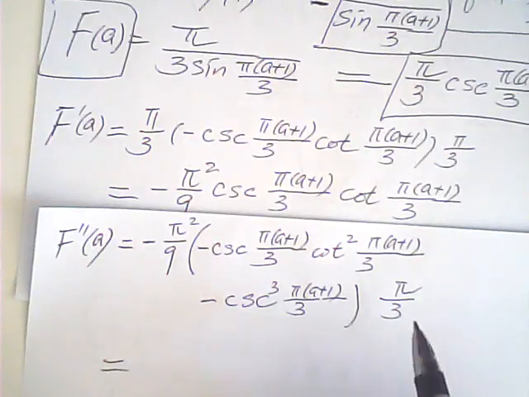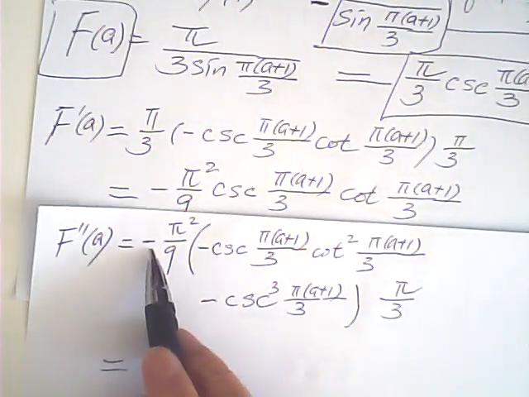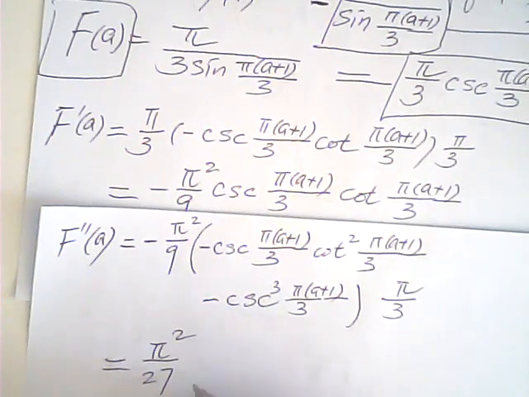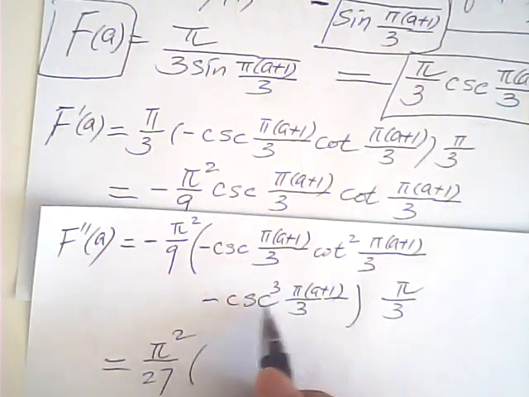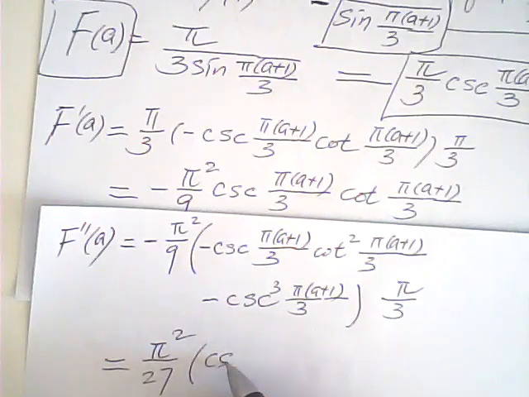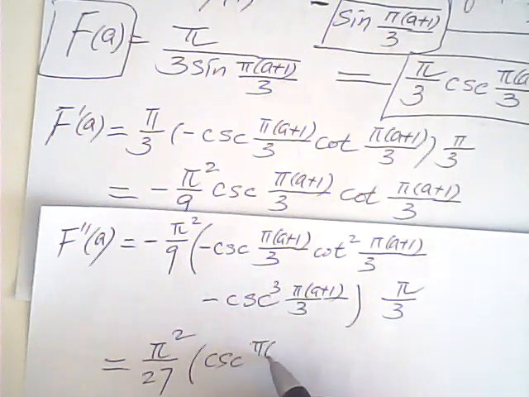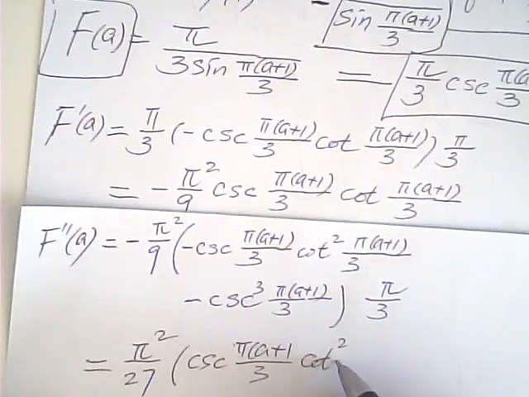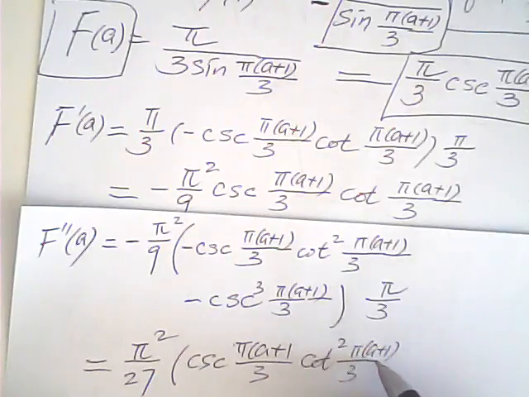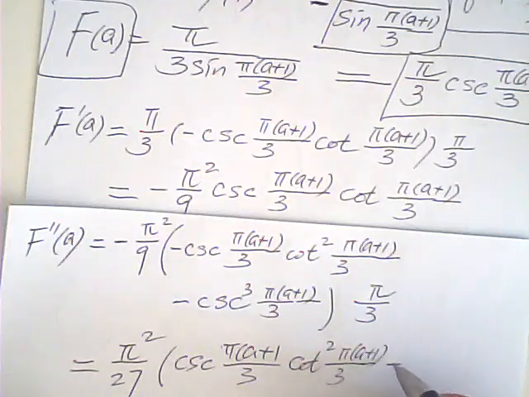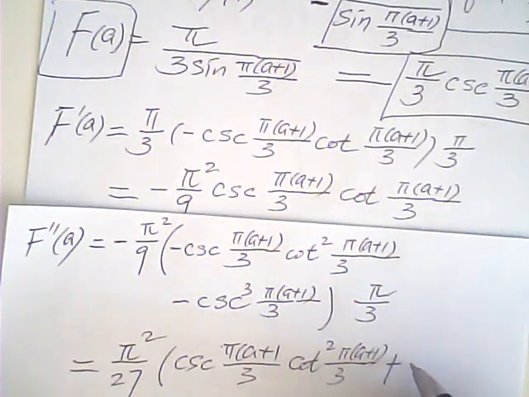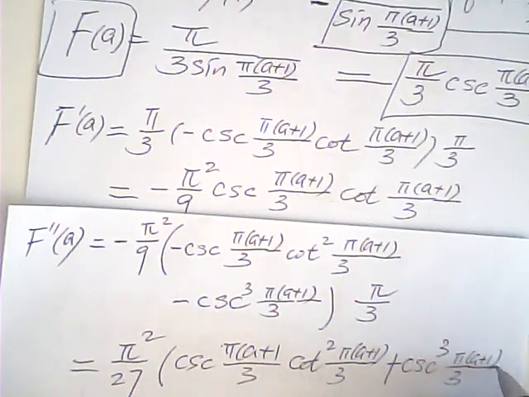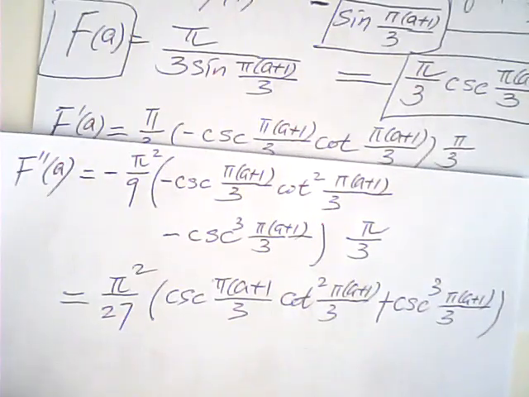I take the negative out, so it becomes plus. So this is pi square over 27 times cosecant of pi third a plus 1 times cotangent square of pi third a plus 1, plus cosecant cube of pi third a plus 1. Wow, that's good.